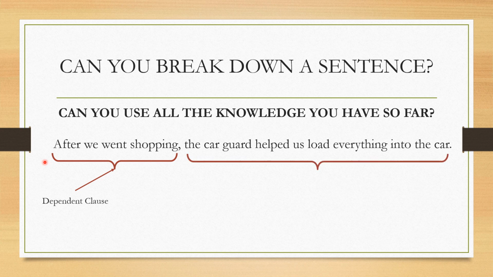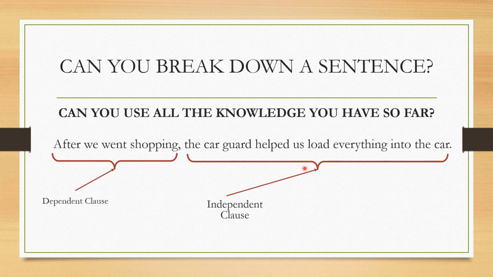Now, that makes this the independent clause, because look, it has a subject and a verb and even an object. So obviously a full sentence. This is our independent clause. It can stand completely on its own. Right, let's see if we can identify some phrases.